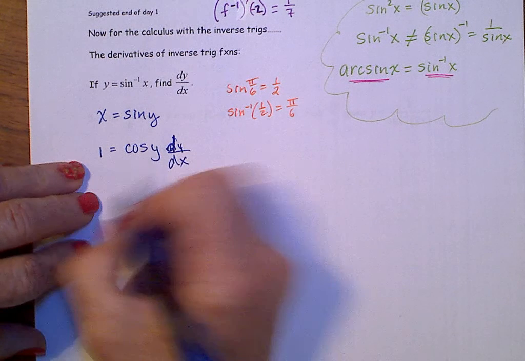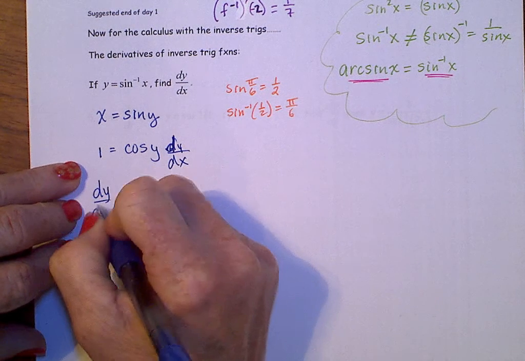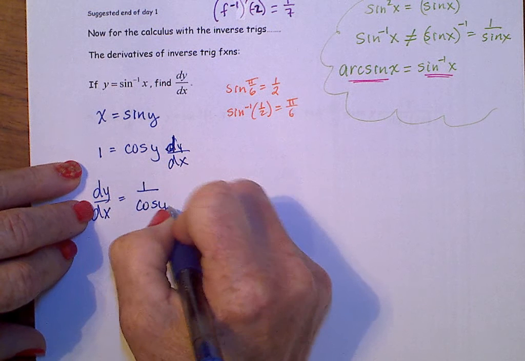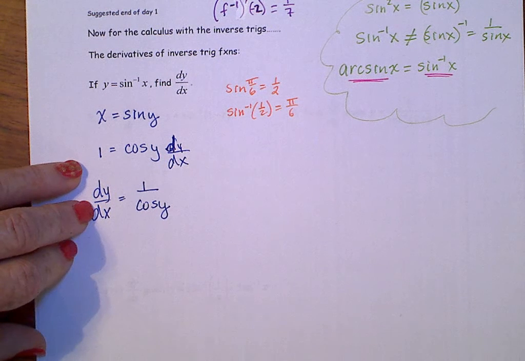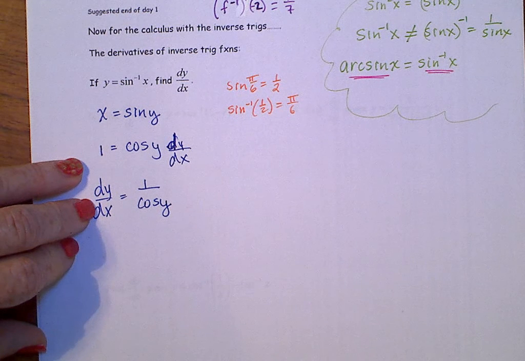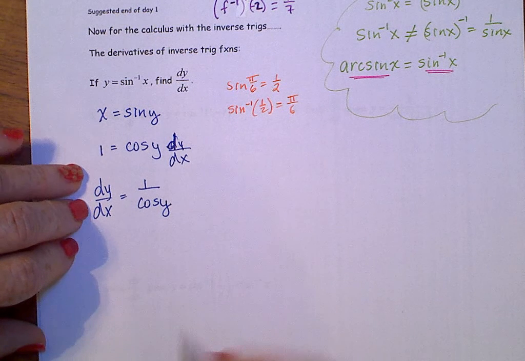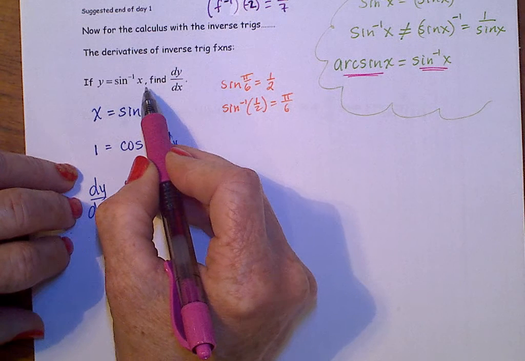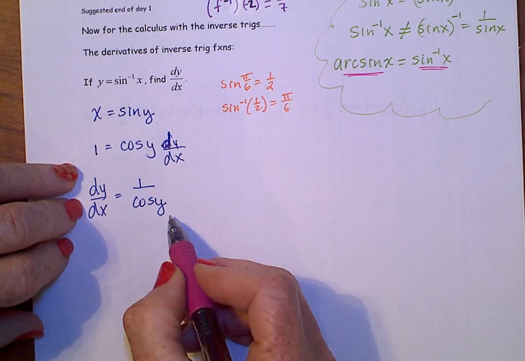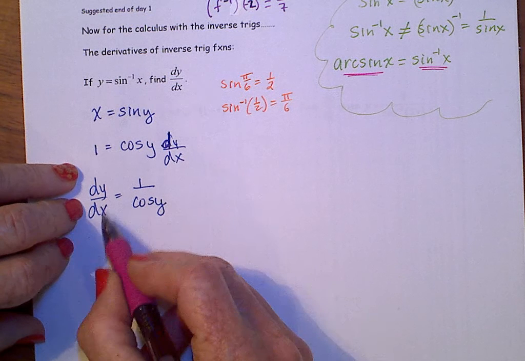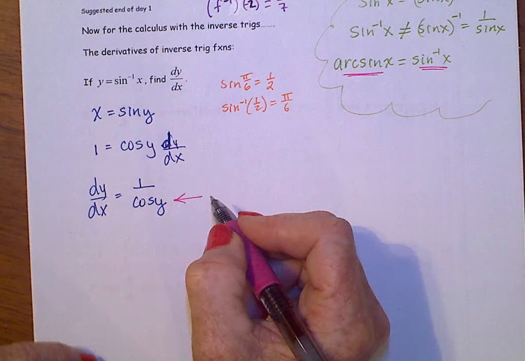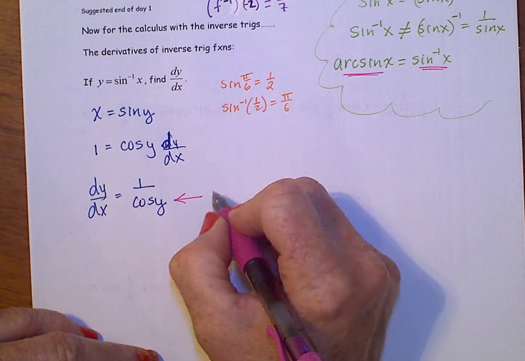Solving for dy dx, that is 1 over cosine y. And we have a bit of trouble here because our original function was written y equals blah, blah, blah, x. That means we need to have our derivative in dy dx equals blah, blah, blah, x. So we need to change this cosine y to x's.